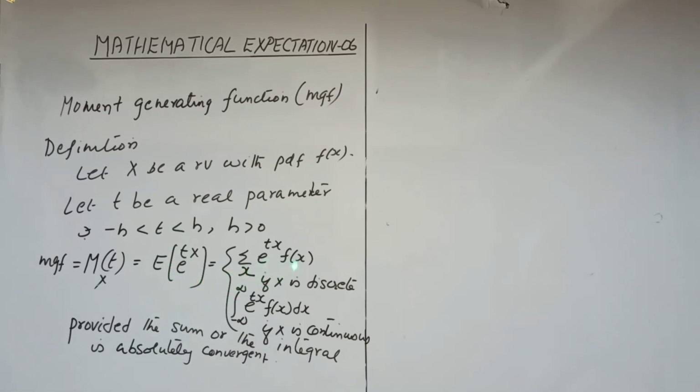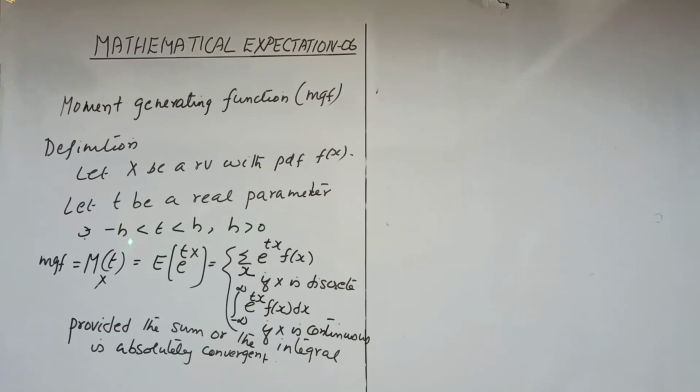So sigma over x of e raised to tx f of x if X is discrete, and the integral from minus infinity to infinity of e raised to tx f of x dx if X is continuous, provided the sum or the integral is absolutely convergent and t is a real parameter such that minus h less than t less than h, with h greater than 0.